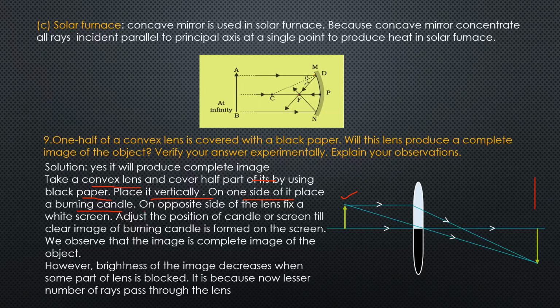Here you will place a screen. So we will adjust the position of the candle or screen till the clear image of burning candle is formed on the screen. So we observe that image is complete image of the object. So when convex lens is covered with a black paper, then again image will be formed, a complete image.